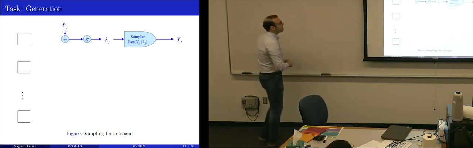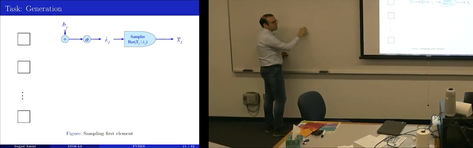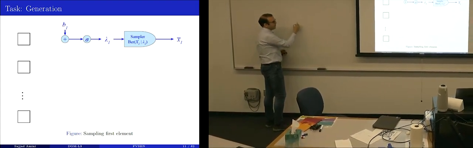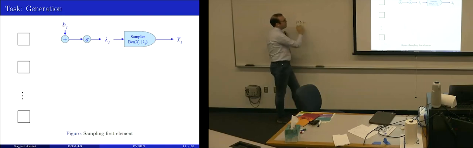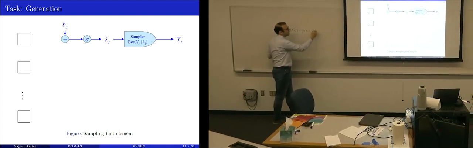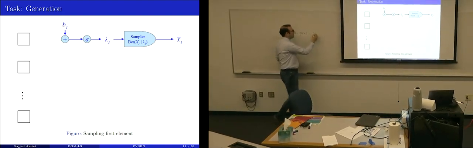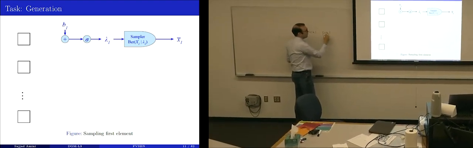Why do we generate the first element? Because of our factorization of the density. Because we factorize the density using a chain rule, we have access to each conditional distribution over an isolated random variable.